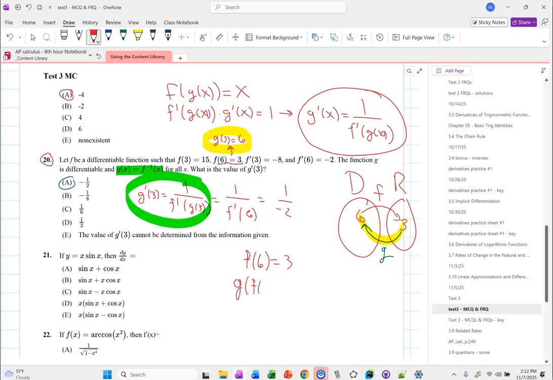If you do g of both sides, because these are inverses, it's just equal to x. The definition of inverse is so that's what we have here. So you can think about it that way too if you prefer.